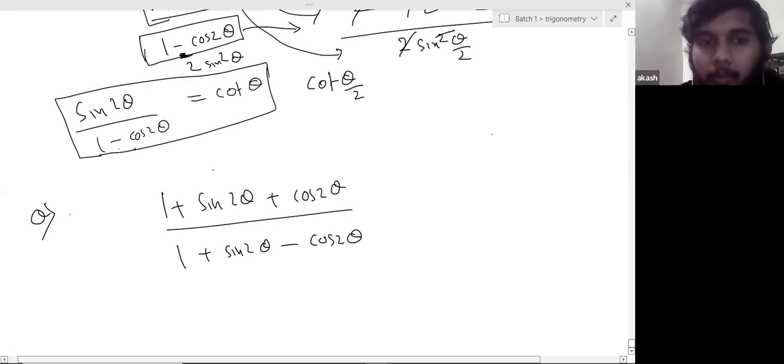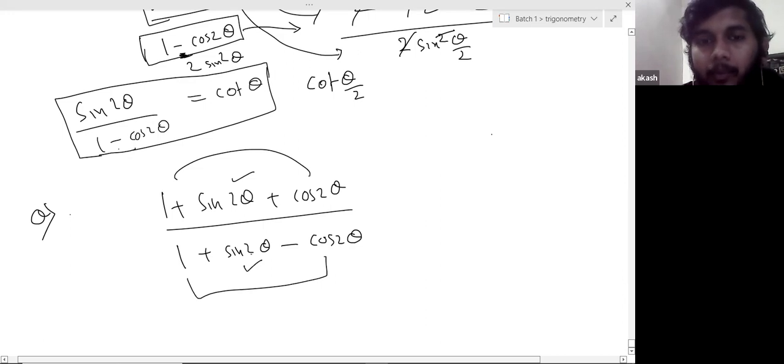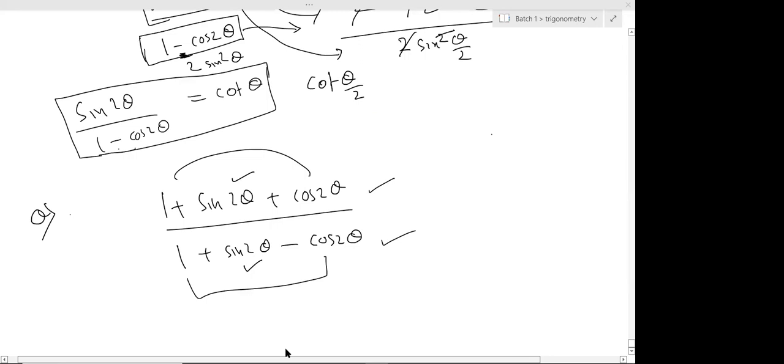Absolutely right. 1 plus cos 2 theta and use the sin 2 theta formula. Same for denominator. 1 minus cos 2 theta and sin 2 theta. Alright, use these two different formulas and see what you get. Shabya, same for you. Yes, sir.